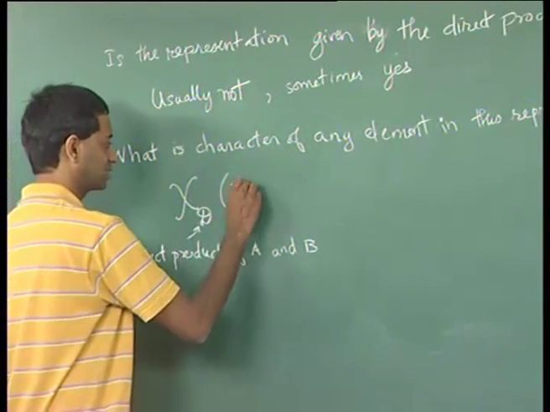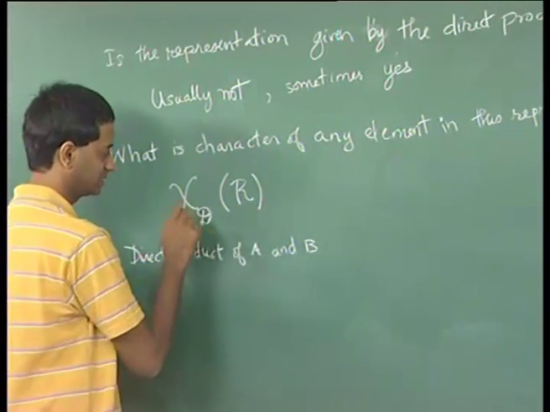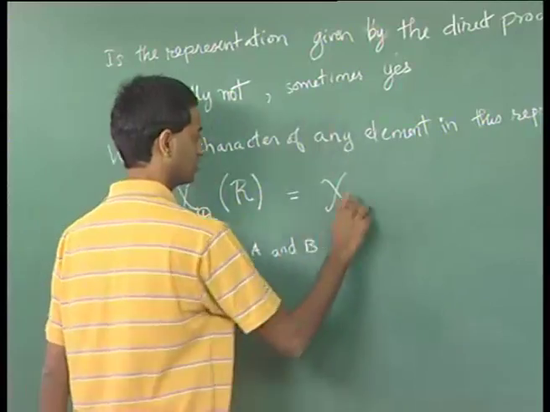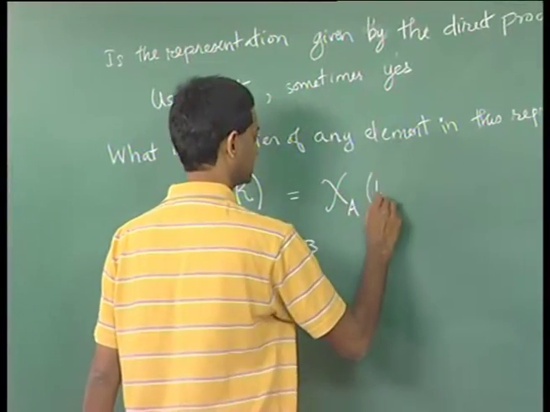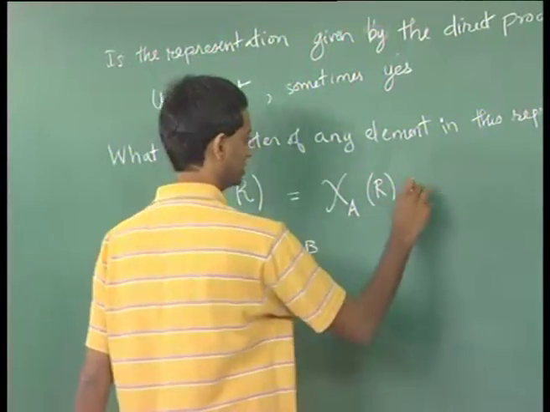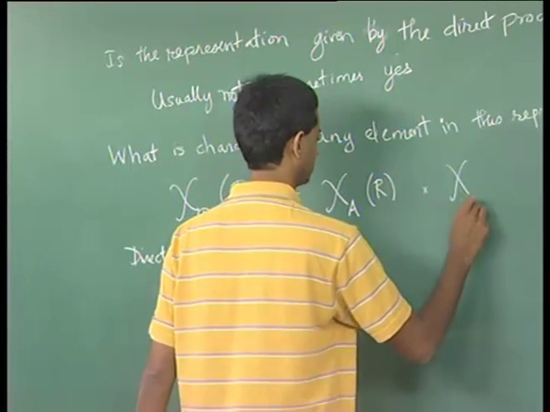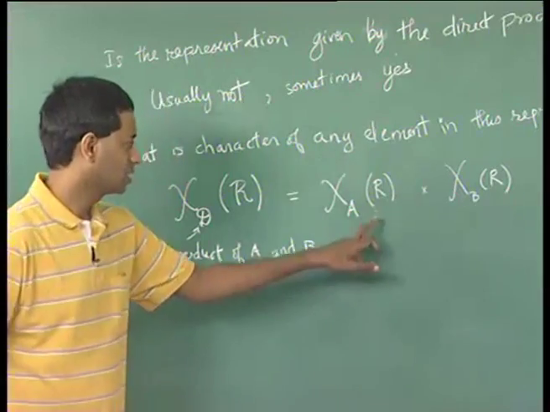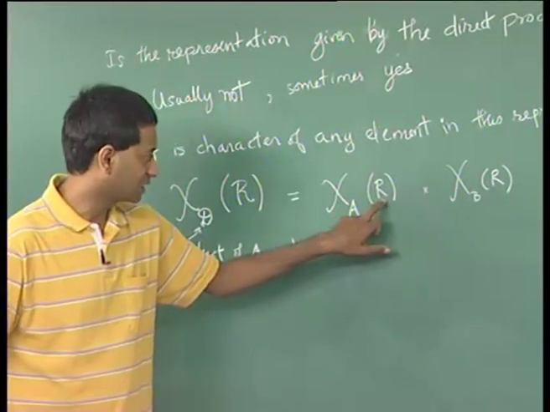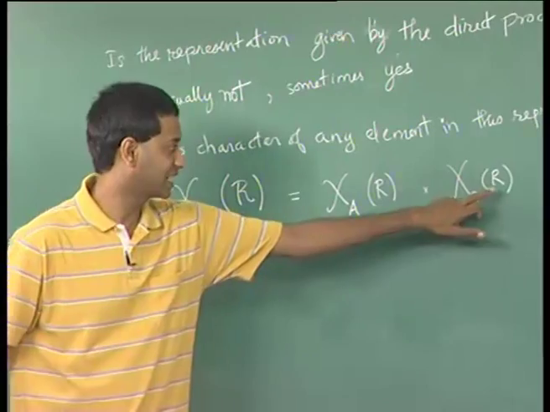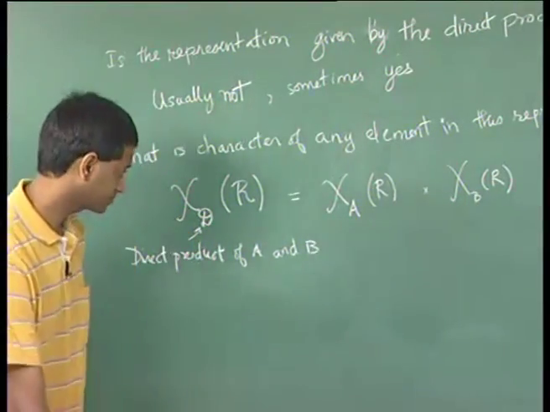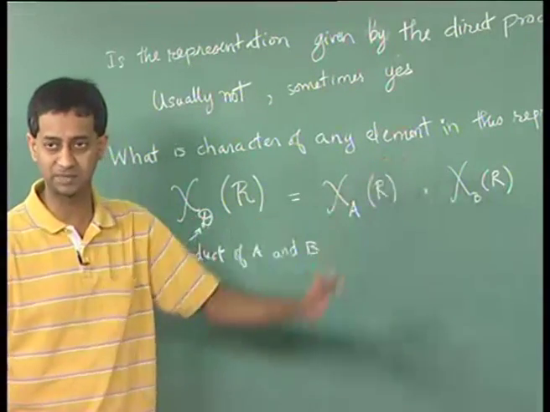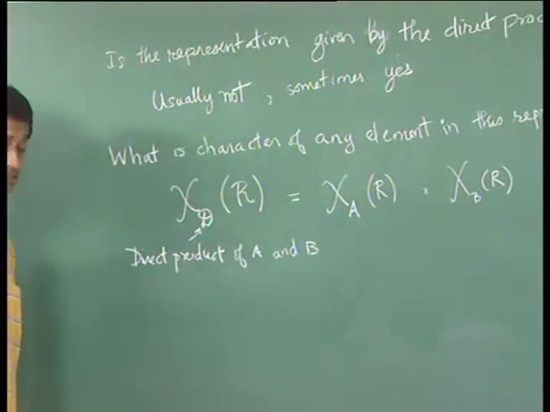If you look at the character of any element in this direct product representation, it is nothing but the character of the same element in A multiplied by the character of the same element in B. So, this is the character of R in representation A, this is the character of R in representation B. And in case you did not notice, these are the things that appear in the character tables.